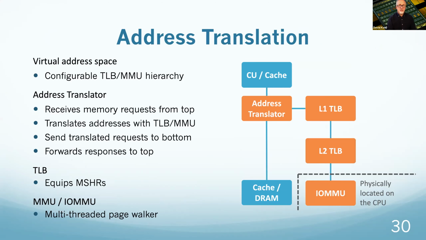We also do address translation. Again, another thing that many simulators don't do. So virtual address space, we have a configurable TLB and MMU hierarchy. So for the address translator, we receive requests from, we call it the top, but basically the caches, and basically translate addresses with the TLB and MMU, send translated requests to the bottom to cache and DRAM, and forward responses back up to the top.